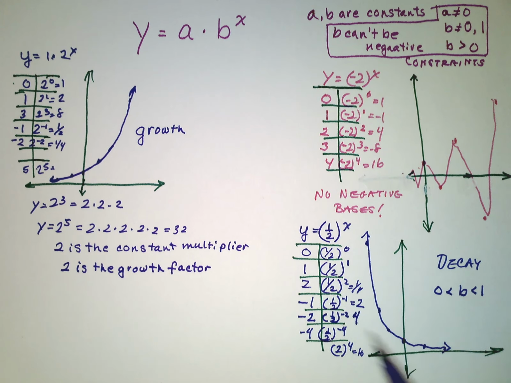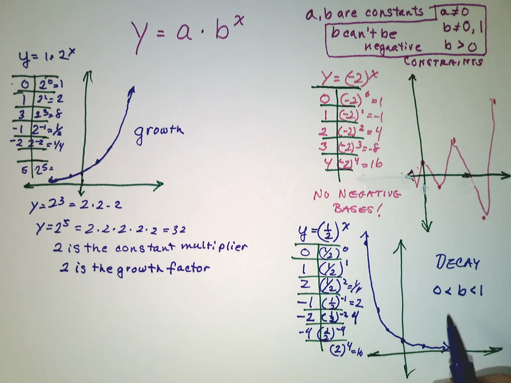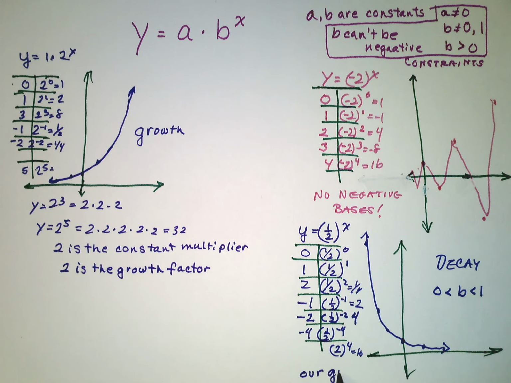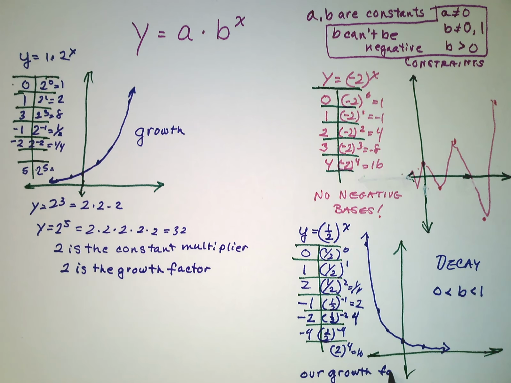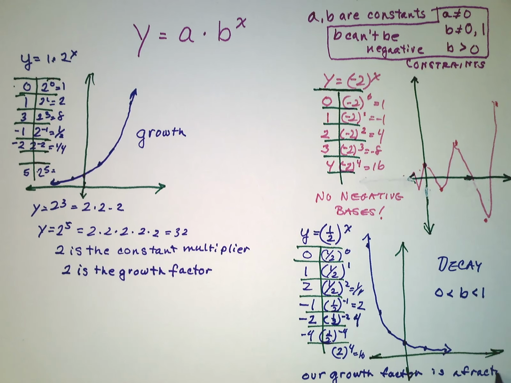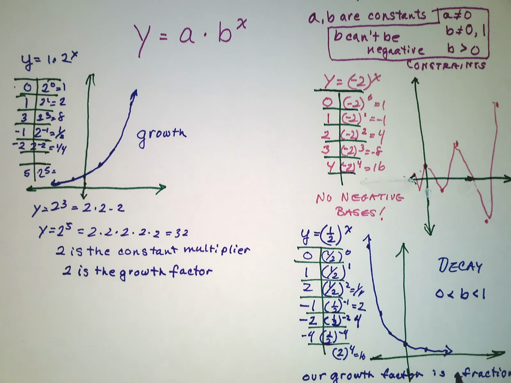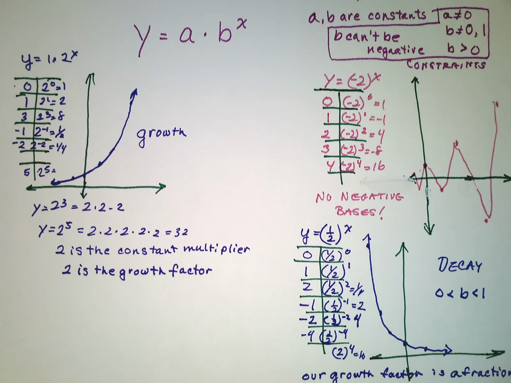And when we do that, our constant multiplier is going to be a fraction. So our growth factor is a fraction. Which means that it's not growing, it's actually shrinking.